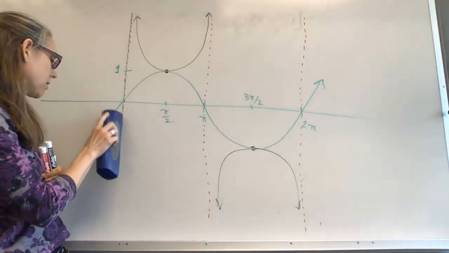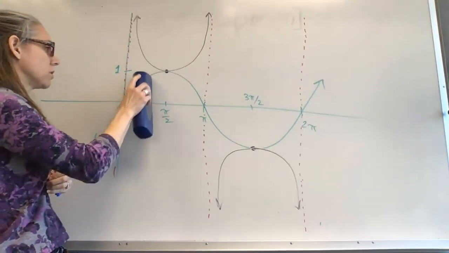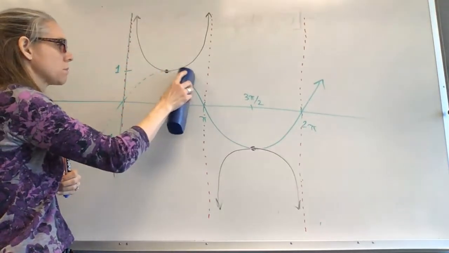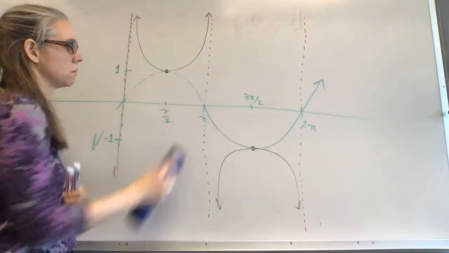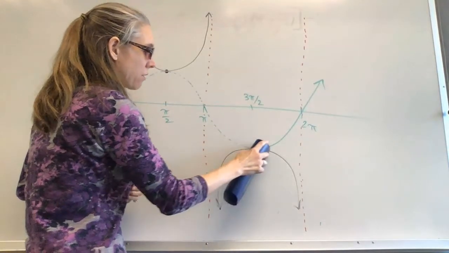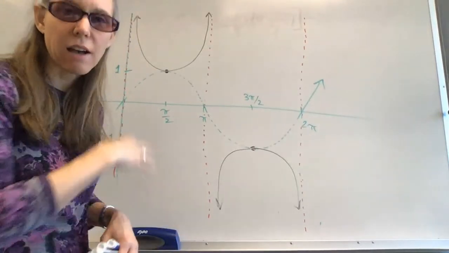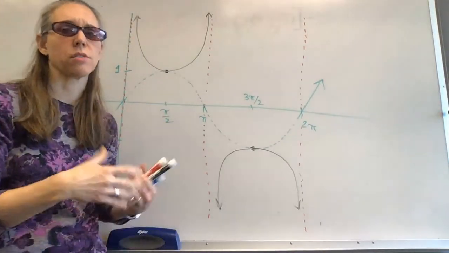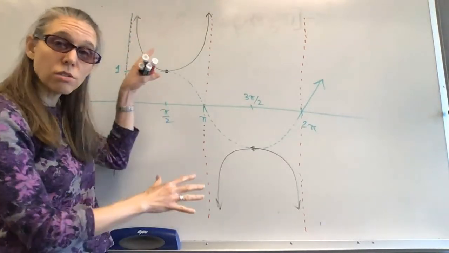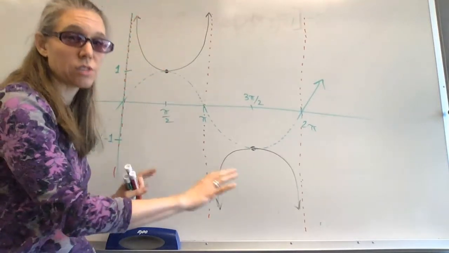I might have done this better had I made a bunch of little dotted lines, etc. But I wanted you to be able to clearly see my sine graph. So either make a really light sine graph or a dotted line sine graph or use a highlight so that your cosecant graph is clearly distinct from your sine graph.